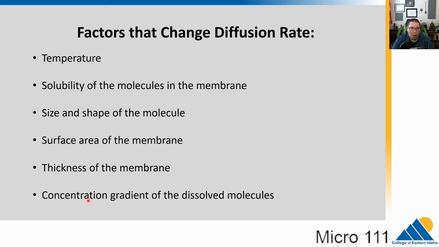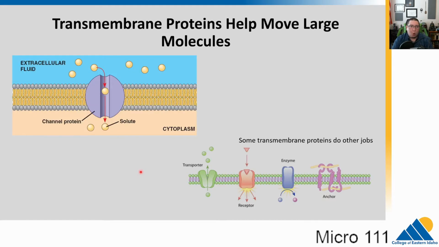But how do we get other things that won't diffuse across the membrane from the outside in or the inside out? Well, this is where our transmembrane proteins come in. Trans means across, so transmembrane means across the membrane. Transmembrane proteins can help us move larger molecules.